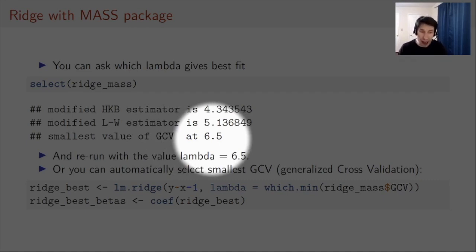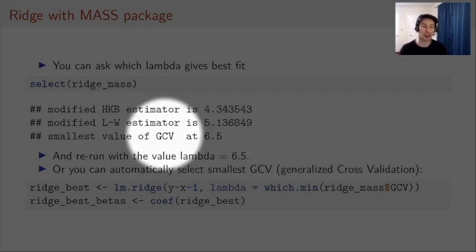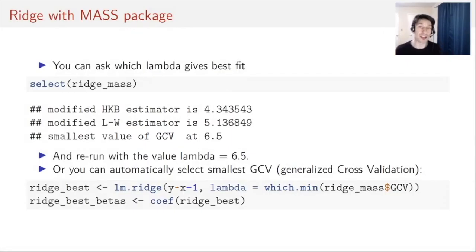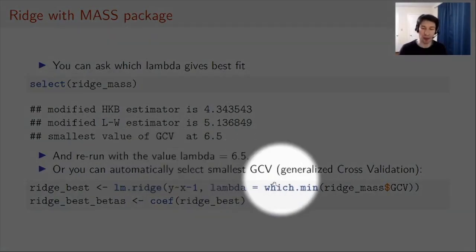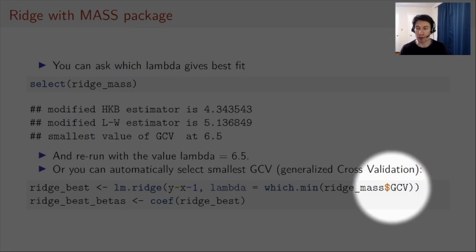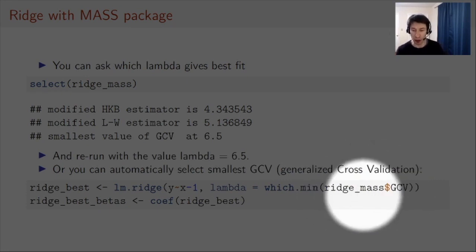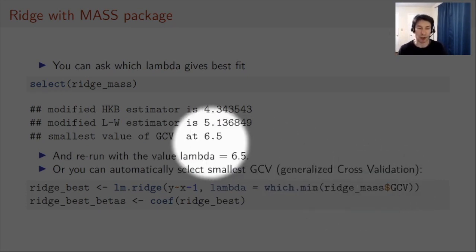So that is the lambda that gives us the smallest value of the generalized cross-validation. So once you've decided on your best lambda, you can just rerun your ridge regression with that particular lambda instead of the whole range of lambdas. Or you can do this automatically with this little command you write, which minimum of the ridge mass GCV.